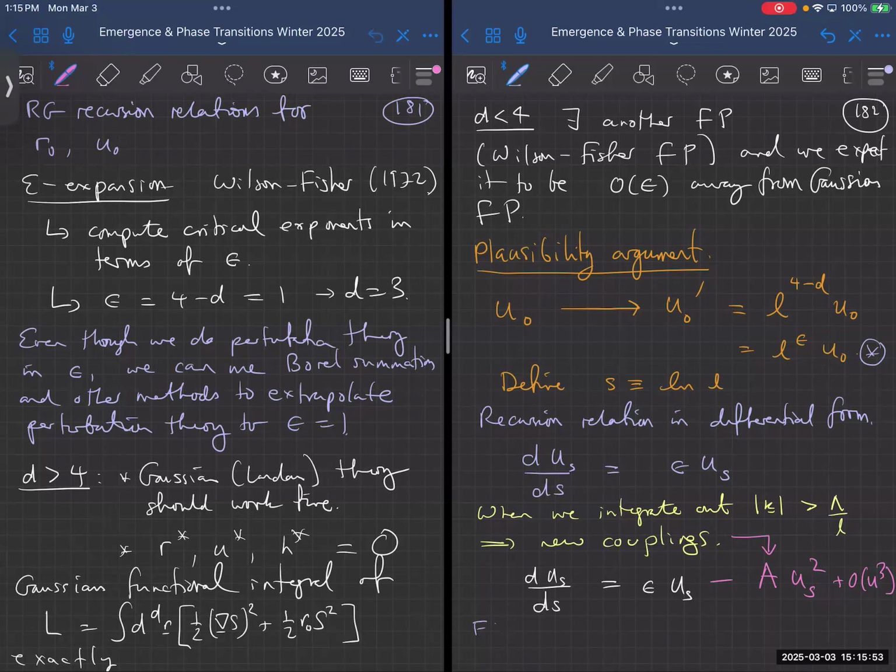Then when you look at the fixed point, du by ds is equal to 0, and that tells you that u_s star is going to be epsilon divided by this coefficient a. So there'll be a renormalization group fixed point at order epsilon away from u equals 0. And so there'll be a non-trivial fixed point with its own eigenvalues and eigenfunctions and eigendirections and the associated critical exponents.